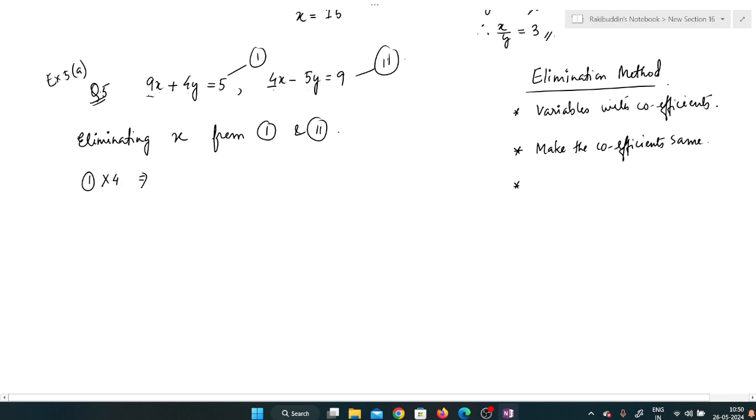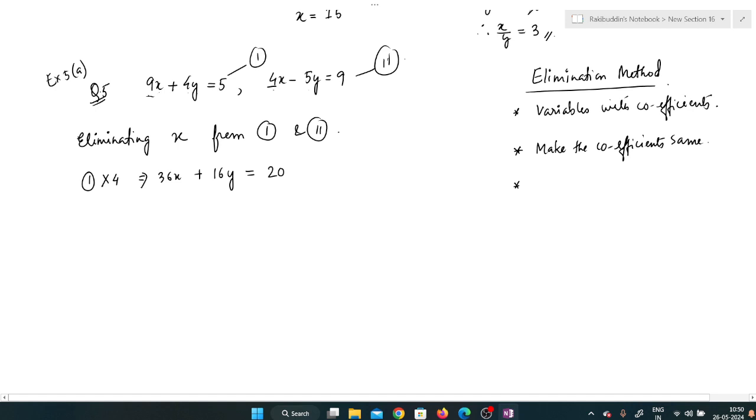So equation 1 multiplied by 4: 9 fours are 36x, 4 fours are 16y, and 5 fours are 20. One thing you need to be mindful about, students, is that you have to multiply the number 4 to each term of the equation.